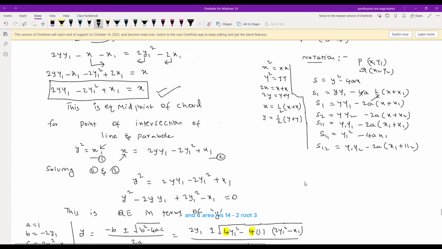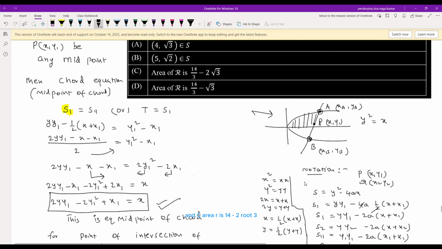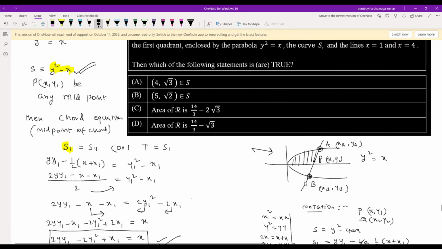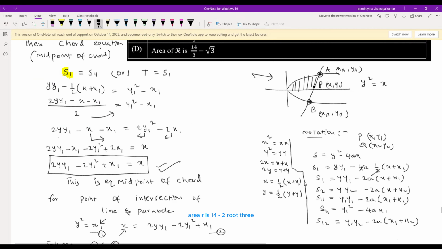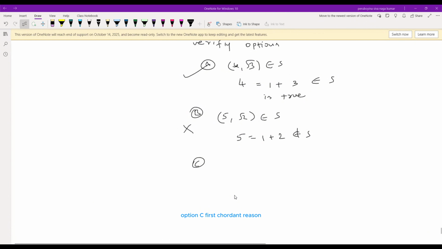And C, area R is 14 by 3 minus 2 root 3. Option C is about the first quadrant region under x equal to 1 and x equal to 4.